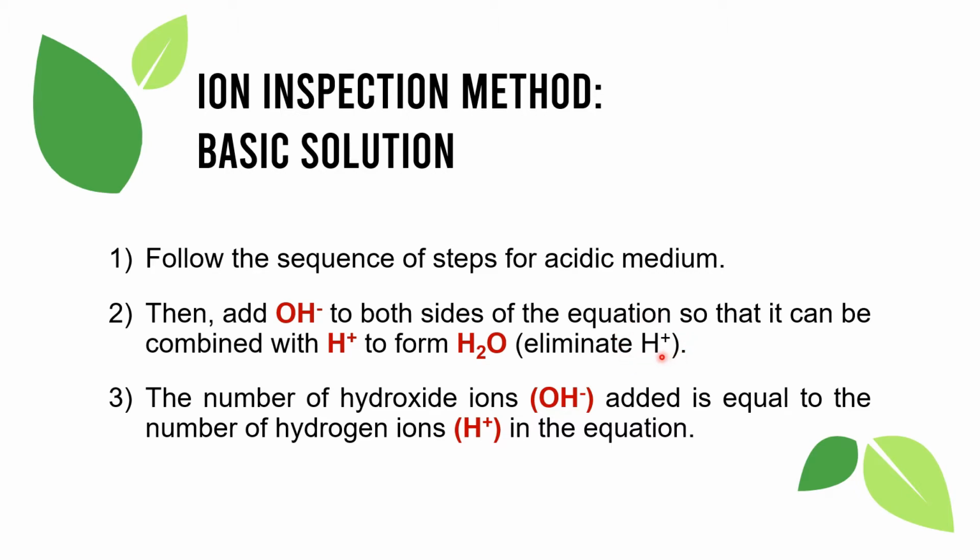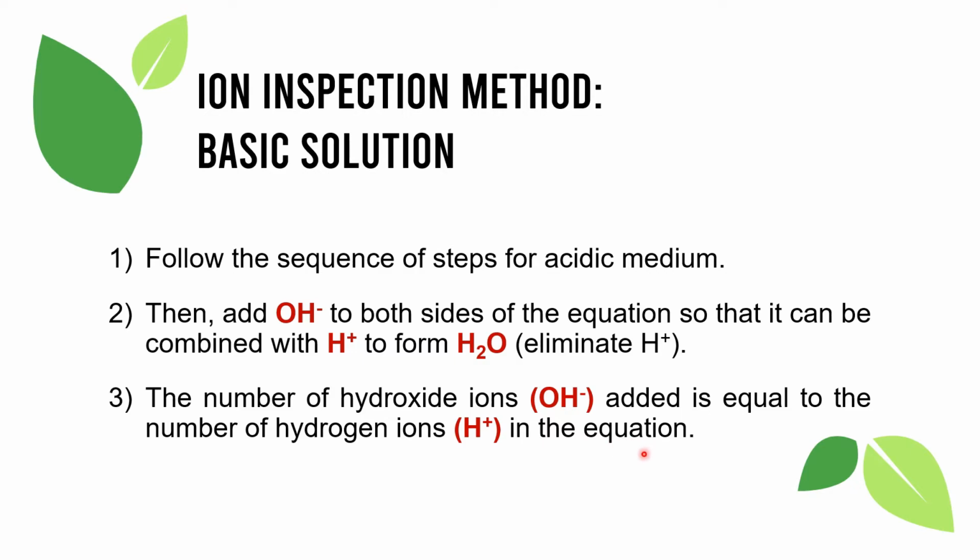Because we want to balance this equation in basic medium or basic solution. The number of hydroxide ions added is equal to the number of hydrogen ions in the equation.